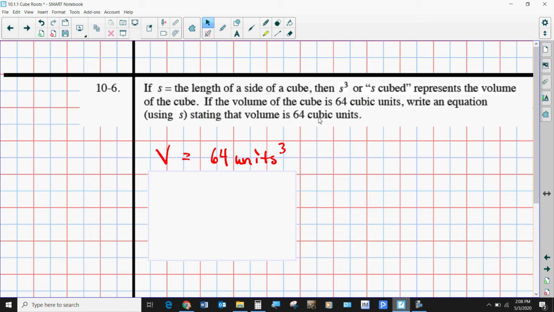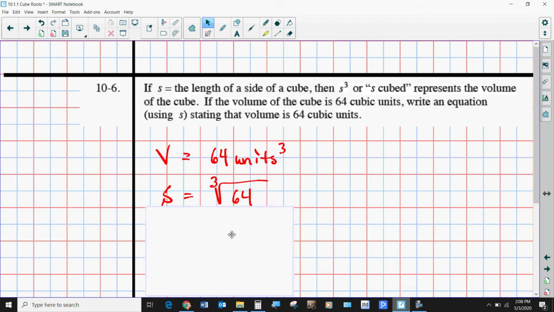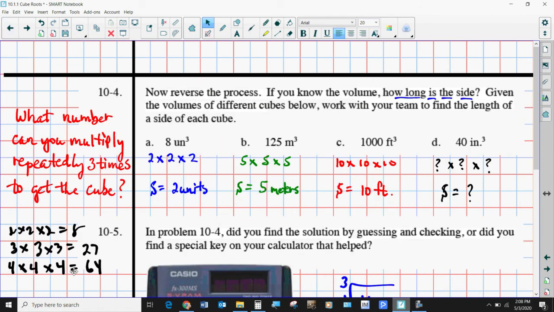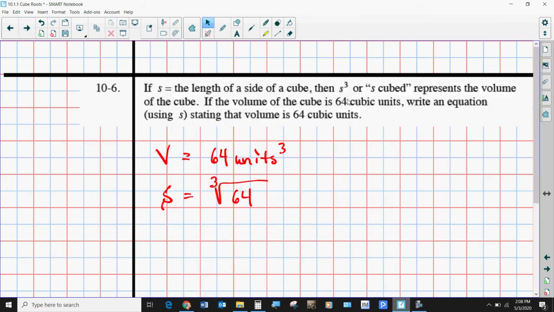So the side length of that cube must be the cube root of 64. And what number do you repeatedly multiply to give you 64 for an answer? I think we said it over here, right? 4 times 4 times 4 is 64. So any cube that has a volume of 64 cubic units must have a side length of 4 units.